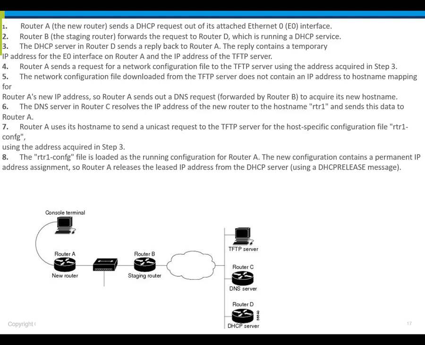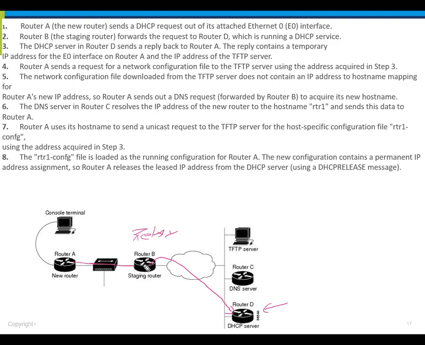So A sends a DHCP request to the Ethernet 0 interface. Our DHCP server is over here, so we're going to have a relay because broadcast won't go there. So the relay sends the information to the DHCP server.